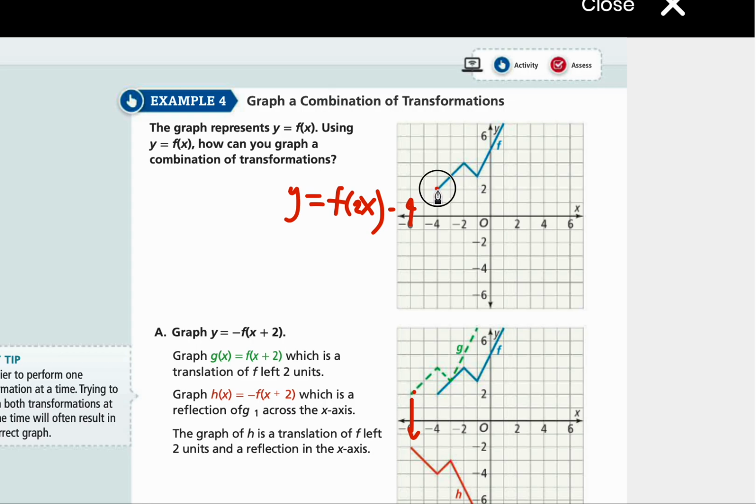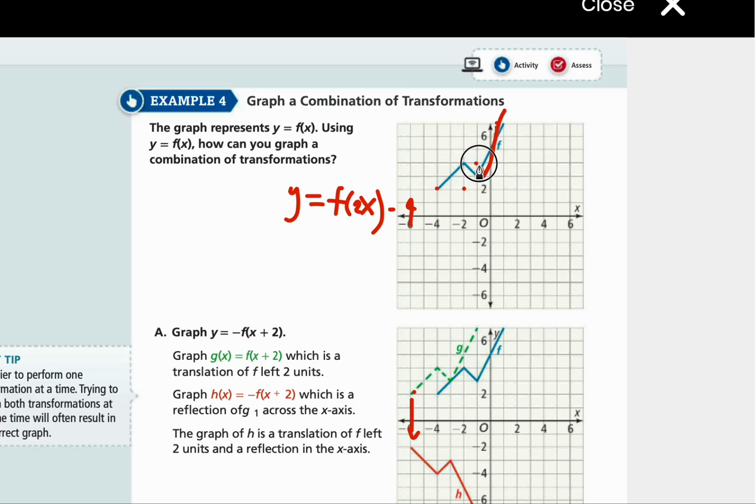From all these points, you're going to divide your x by 2, your y stays the same. So negative 4 divided by 2, negative 2. So it's here. And then negative 2 divided by 2 is negative 1. And then negative 1 divided by 2 is negative 1/2, and so on. So everything is 1/2 distance away from the y-axis, okay?